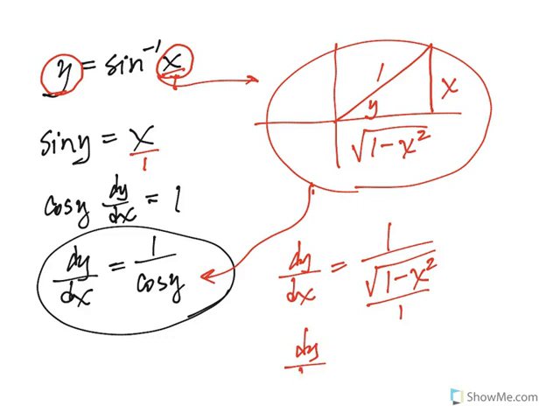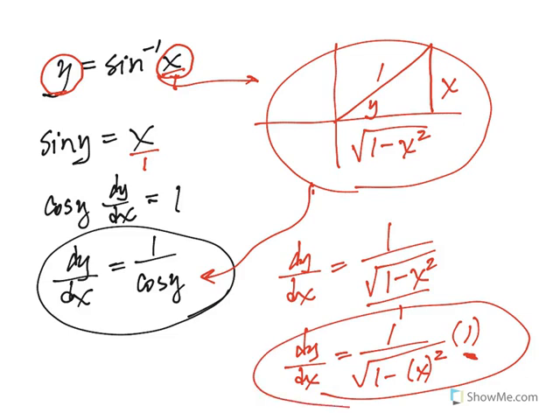Copy, dot, flop that, I get dy over dx is equal to 1 over the square root of 1 minus x squared, times 1. So this is 1 over the square root of 1 minus what I'm arc sining, which is x, times the derivative of what I'm arc sining, which is 1. And you can see where that formula comes from. So this is my u value here. This is my u prime.